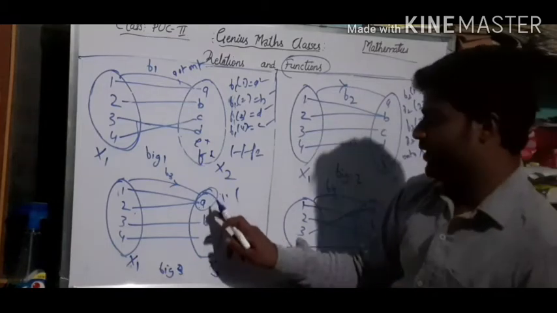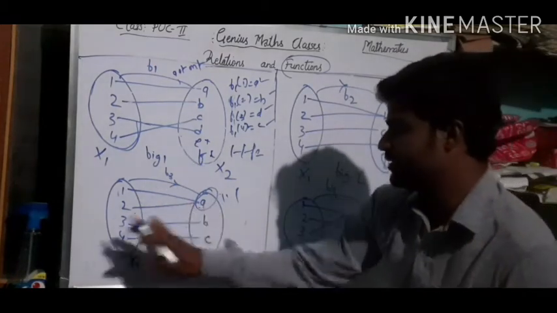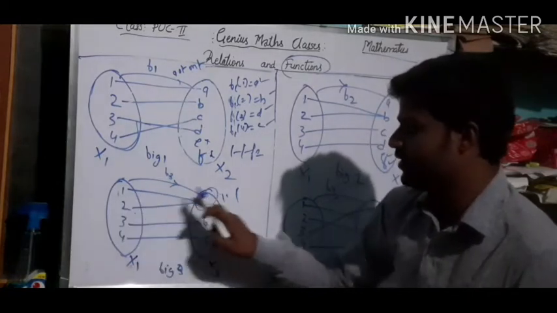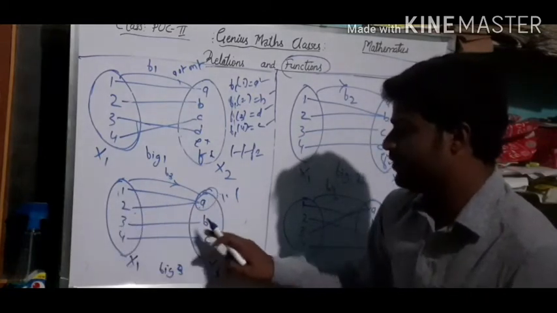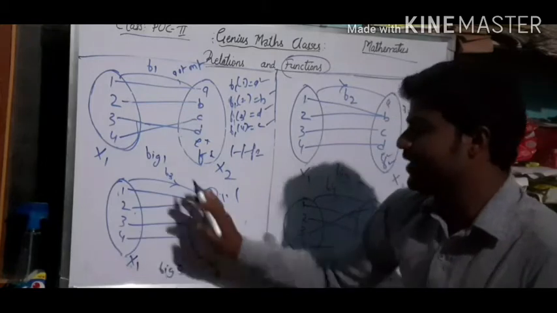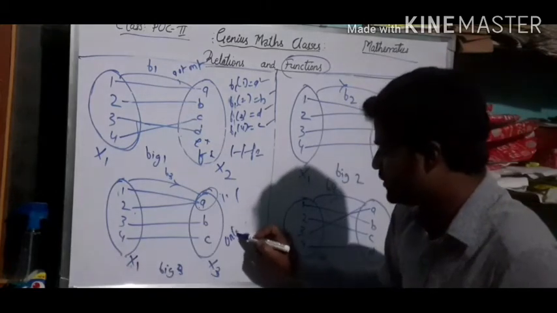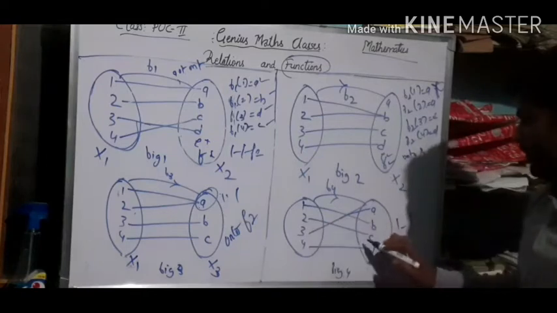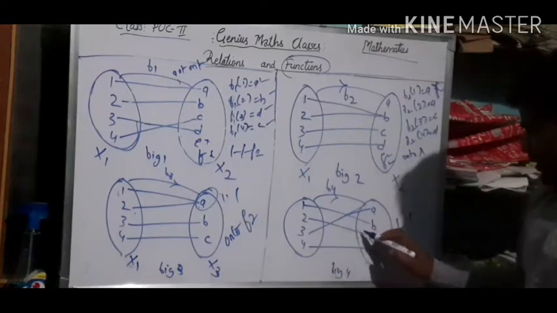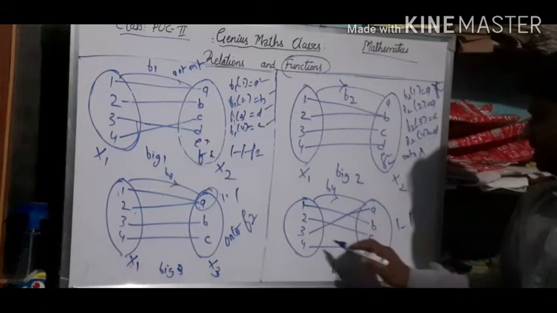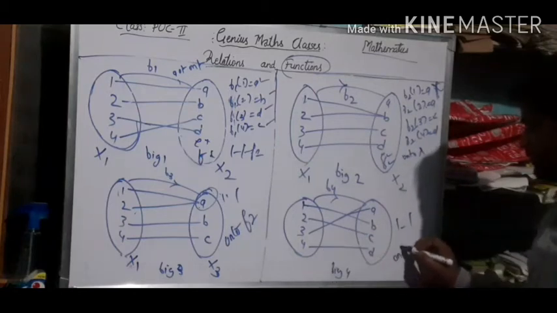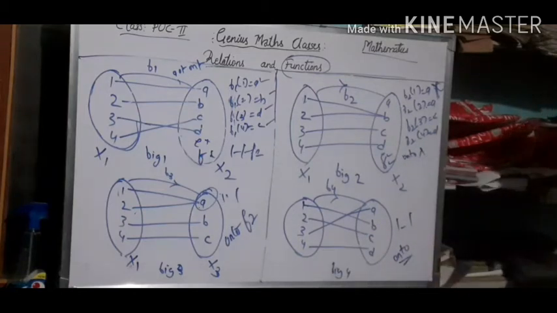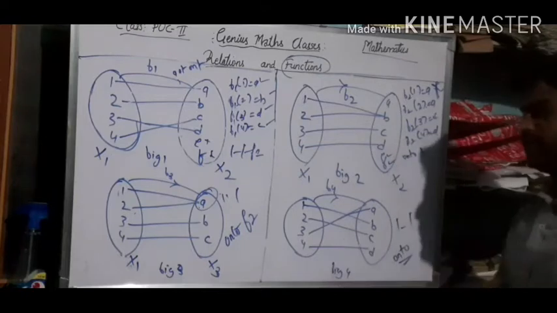Observe here, for A, B, C there are pre-images, so it is an onto function. Here also for A 1, for B 2, for C 4, for A 3, for D 4. It is both one-one and onto.